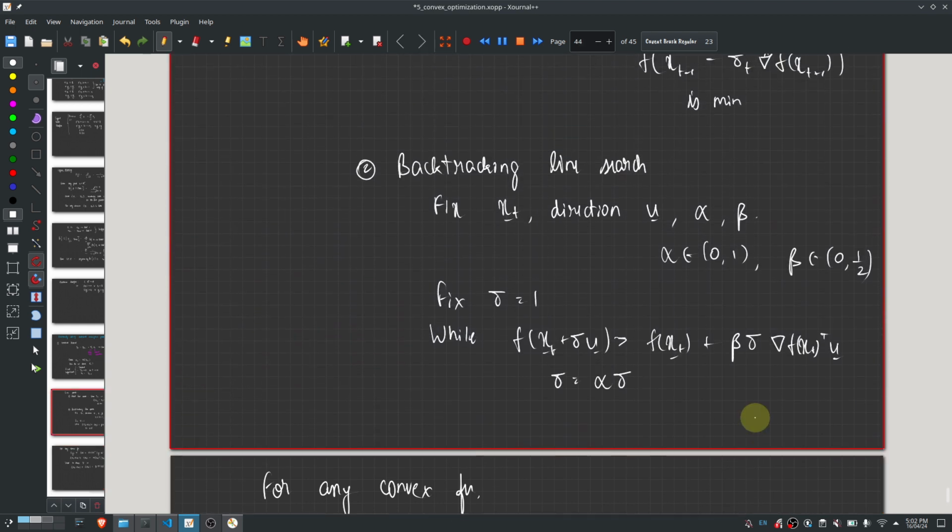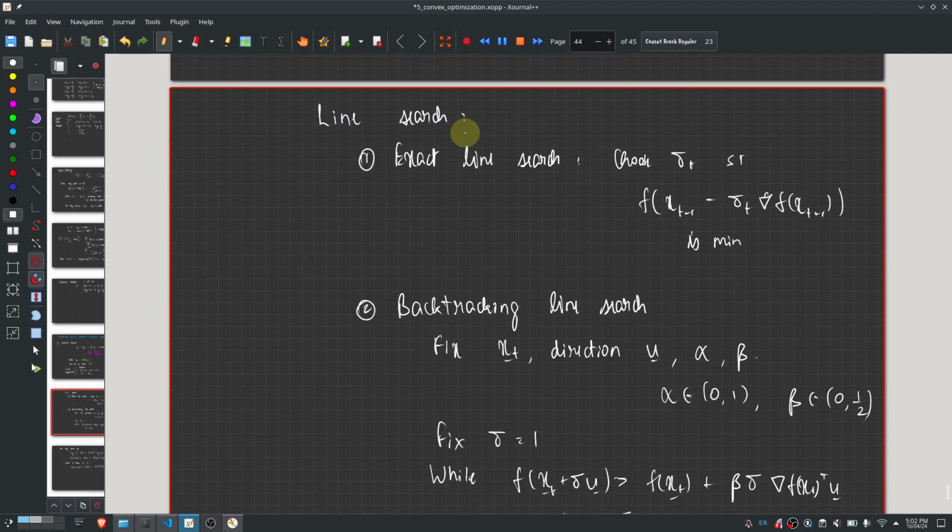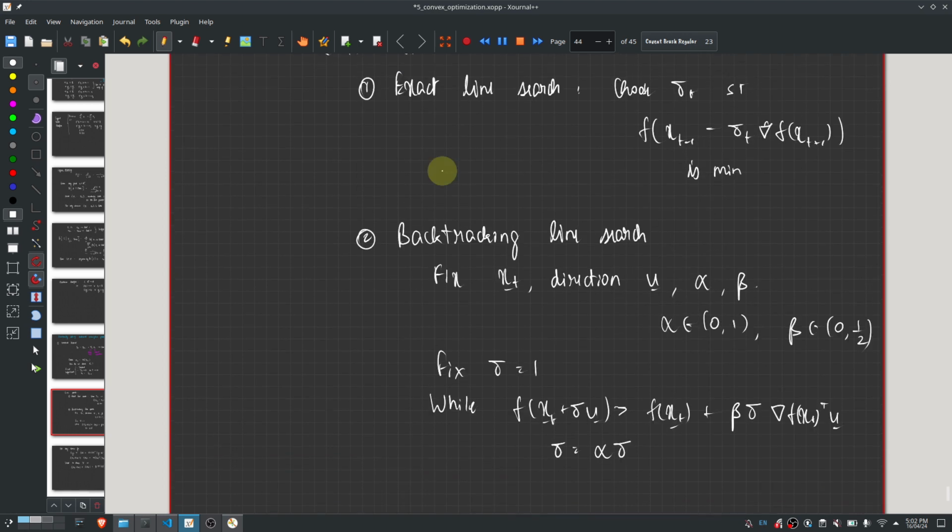So this particular algorithm is called backtracking line search. It doesn't give you the actual minimum that you would get in exact line search, but it's good enough. It gives a nice trade-off between a constant step size and exact line search. If you see carefully, it requires you to evaluate f of xt plus delta u, so you have to evaluate the function at multiple points in each step of the line search.